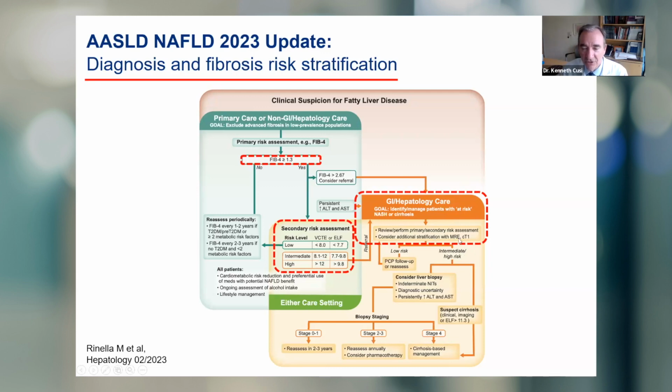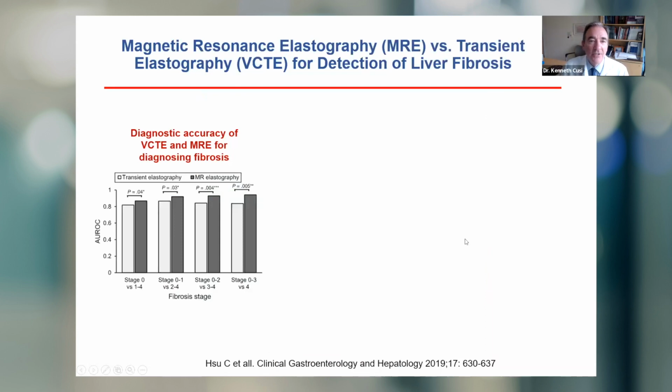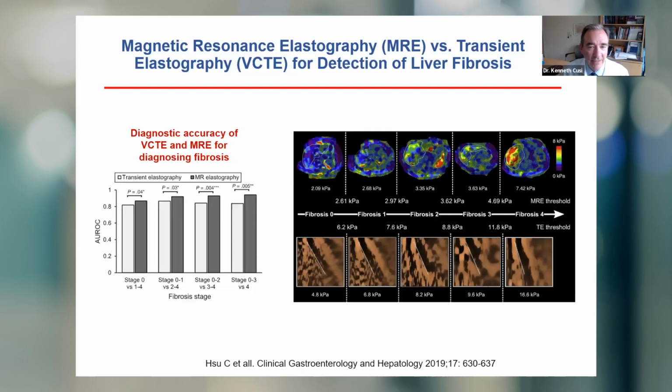And now we're going to touch on why MRE or CT1 or a liver biopsy. Now, again, you might have seen this slide many times, but since I had a broad spectrum of audience, I wanted to share with those that are not as familiar that transient elastography is a great, inexpensive test. But again, it's not as accurate as MR elastography.